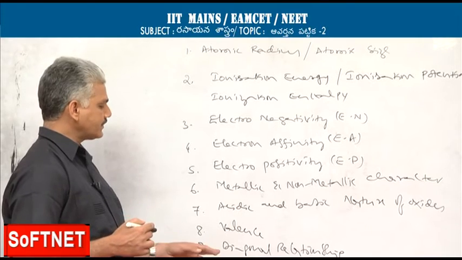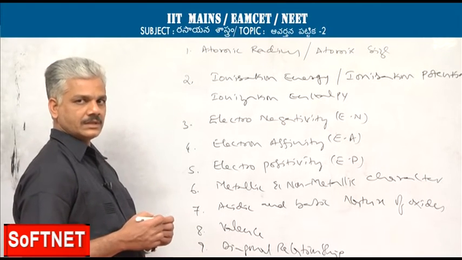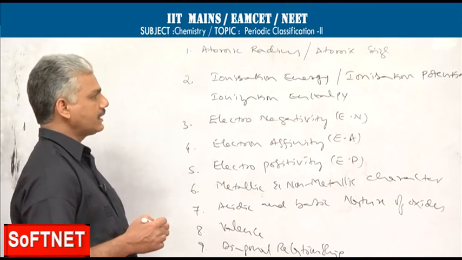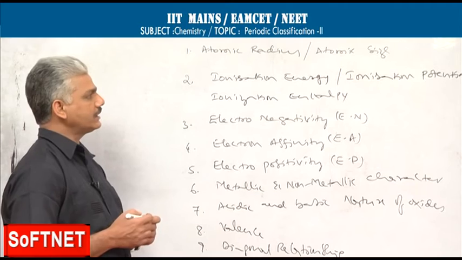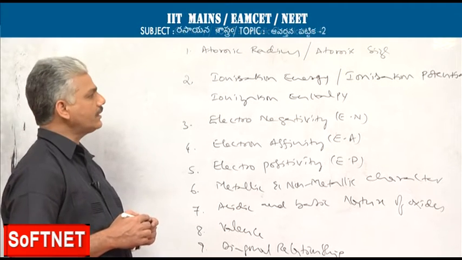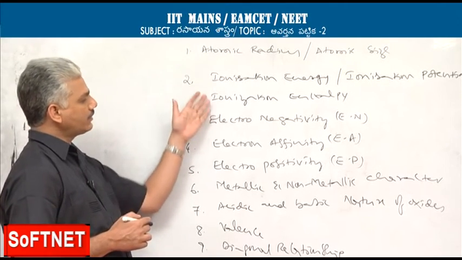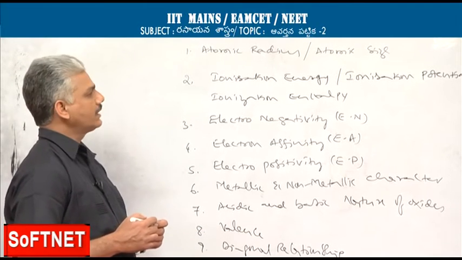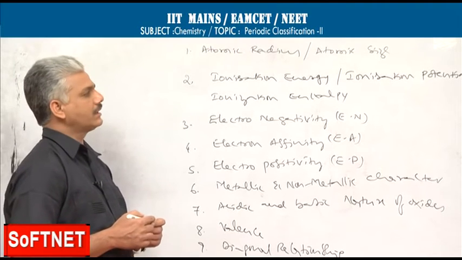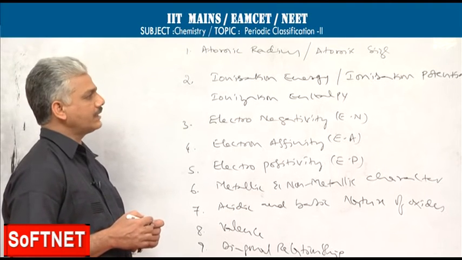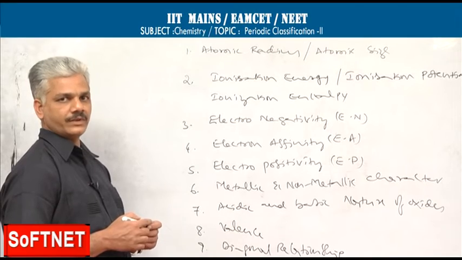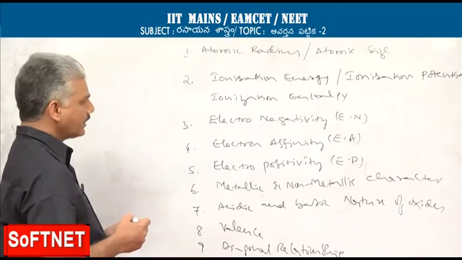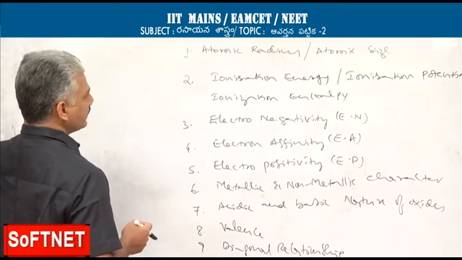That is why diagonal relationship is a limited property, but the remaining 8 are repeated in a regular manner throughout the periodic table. Now we have to see in detail about these periodic properties, how they change along a period, how they change along a group, and what is the reason for such variations. Let us begin with the first property, atomic radius or atomic size.